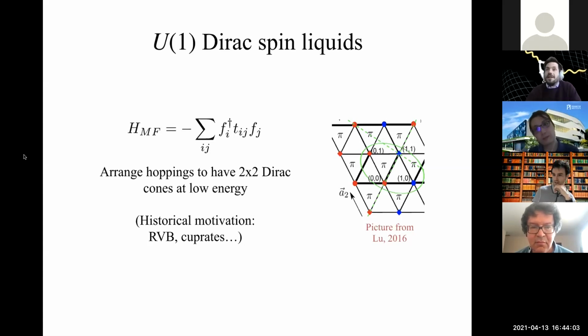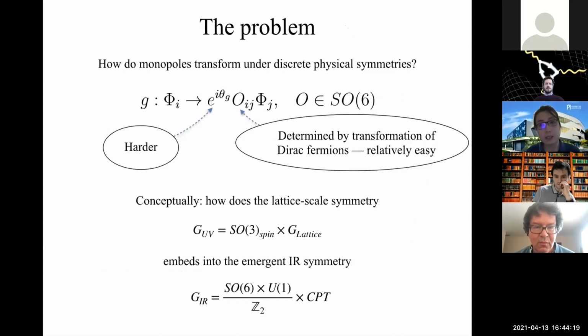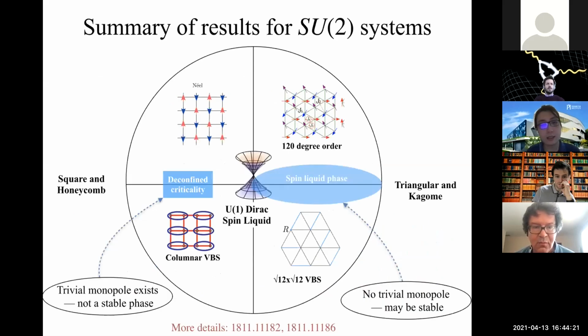Okay. Any other questions? Baptiste? Yeah, maybe just a fast question. In your graph about deconfined criticality and spin liquids, we see that square and honeycomb, which are the two bipartite lattices, do not host a spin liquid phase.